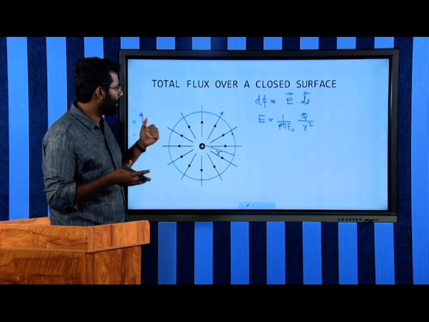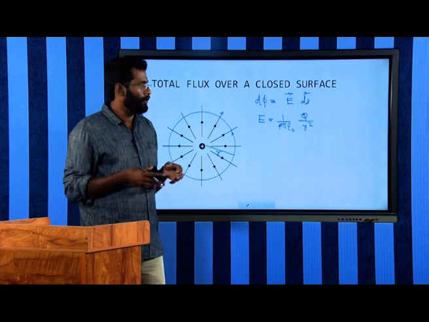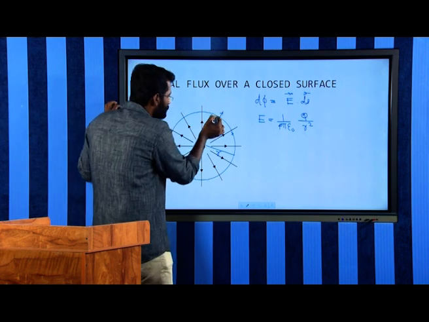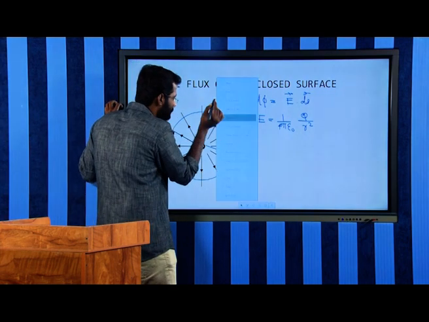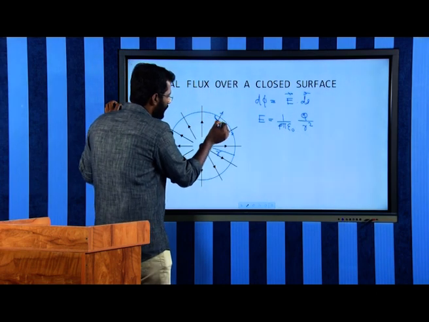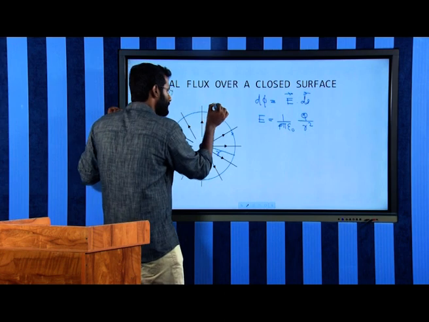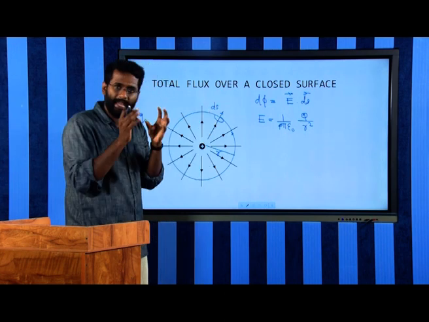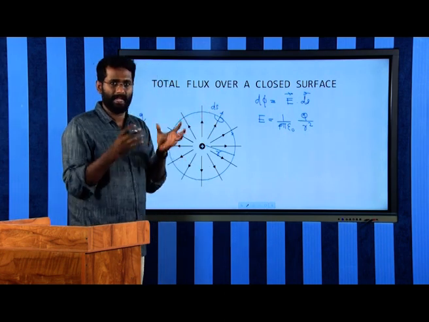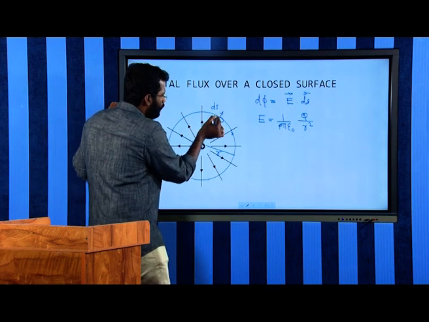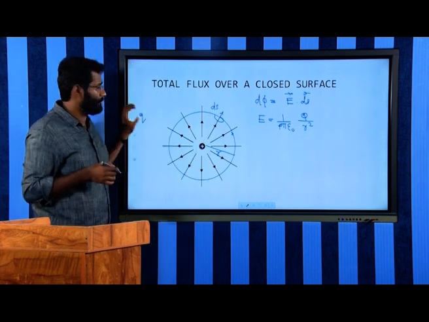Now, we want to find E dot ds. For that we consider a small patch of area, let me call it ds. What is the direction of this area?